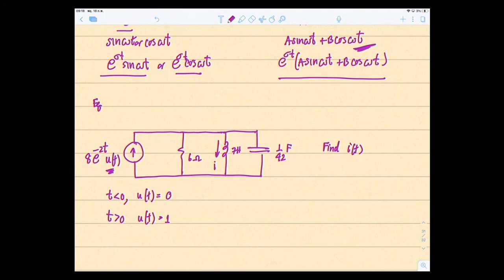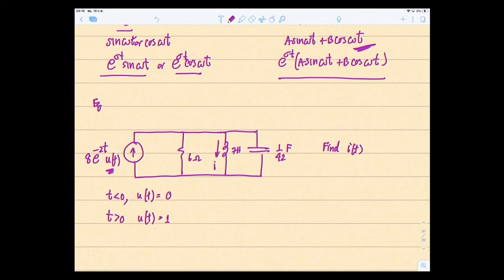So in this current source, it means that at t less than 0 it's shut off, so it becomes like an open circuit, and there's no source applied to the circuit at all. Then the switch turns on.